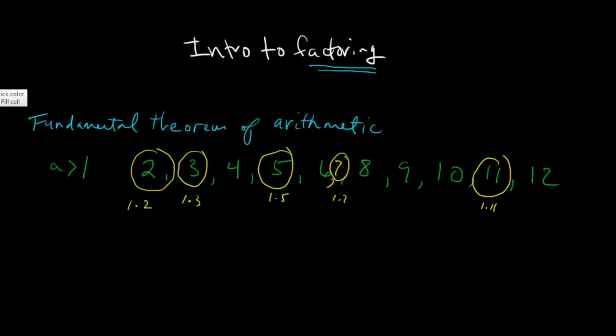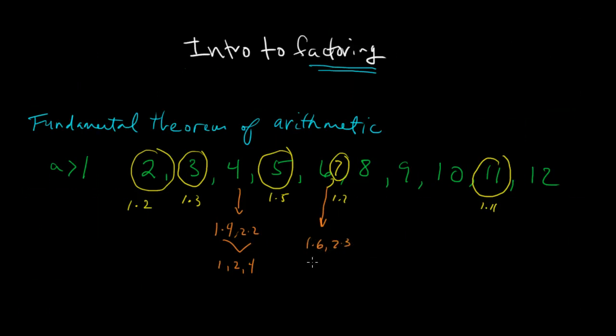Now the other numbers on this list, 4, has more than just 1 times 4. 4 is also 2 times 2. So the factors of 4 are 1, 2, and 4. 6 is 1 times 6, but it's also 2 times 3. So let's rewrite that nice so you can see it nice and big. So 6 is 1 times 6, and it's 2 times 3.